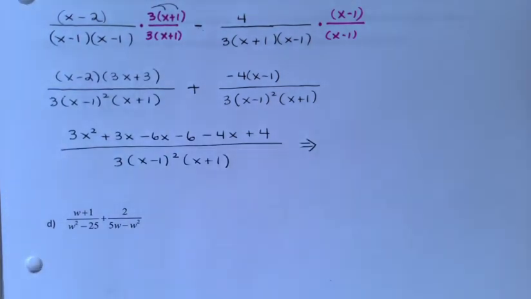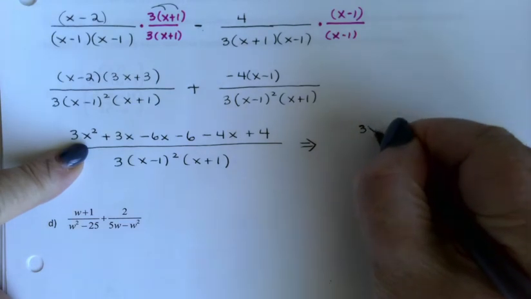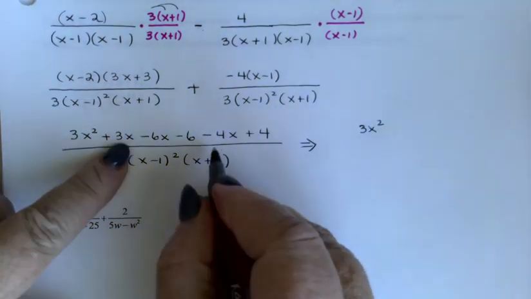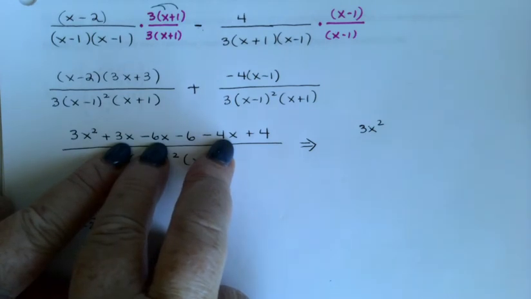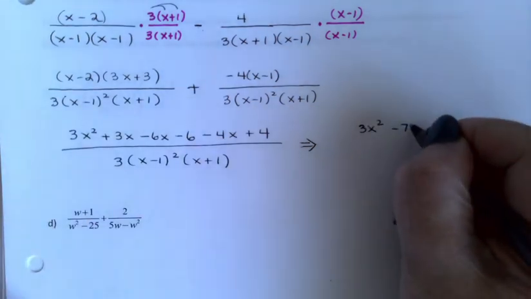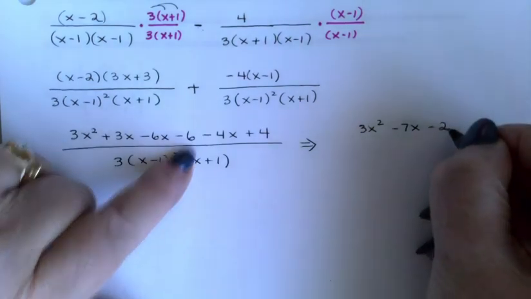And then finally, I can go ahead and combine my like terms on the top. I have 3x squared. Let's see, that would be 3x minus 10x, so negative 7x. And negative 6 plus 4 would be negative 2.